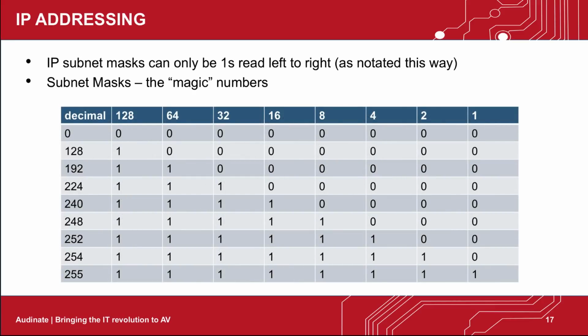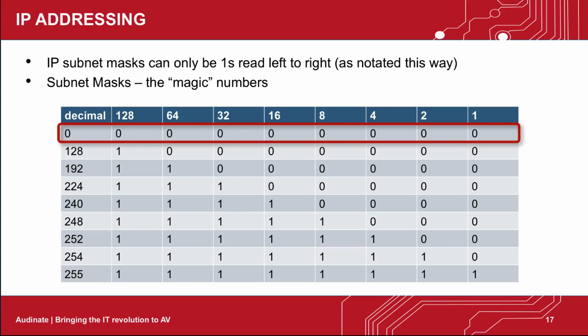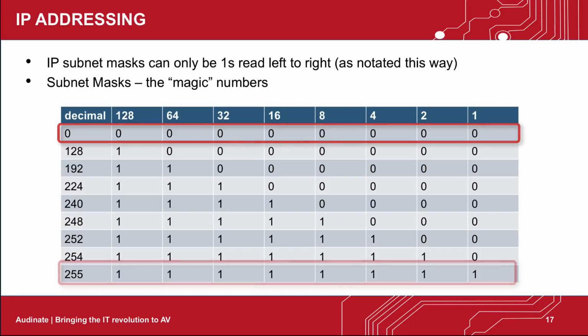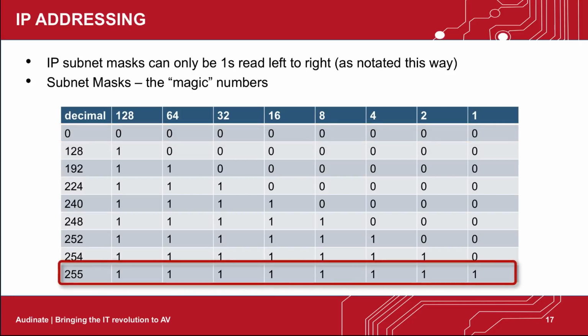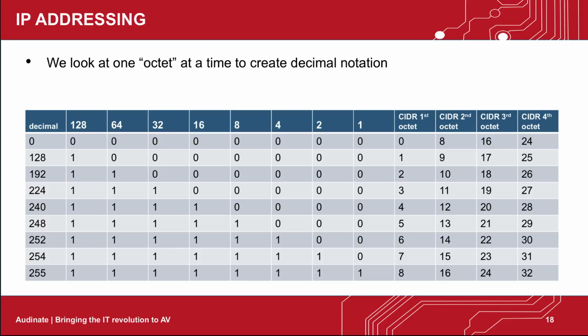We can see these magic numbers in an IP subnet mask in the far left-hand column in this chart. We can see the bit structure that makes them up. So for 0 to be in an octet, we have all the bits turned off. As you can see, for 255, we have all the bits turned on. We look at 1 octet at a time to create decimal notations.